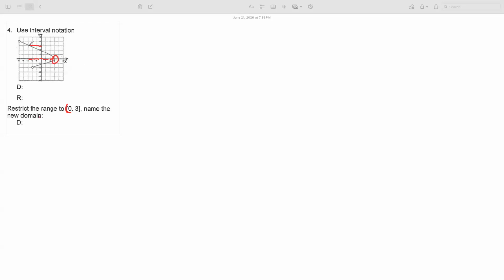So wherever it meets, there is a dot in here. Make sense? For this graph, I'm trying to write the domain. Domain is -3 included, 3 excluded. Make sense?